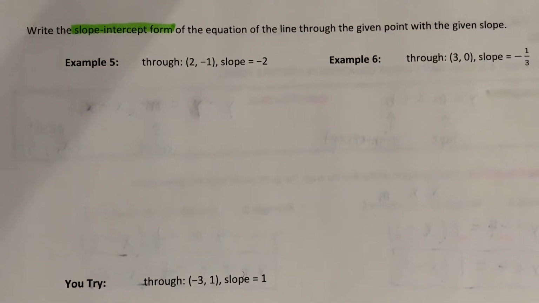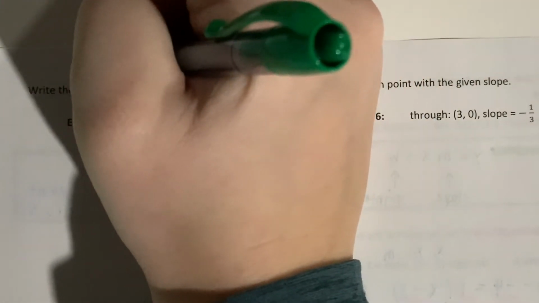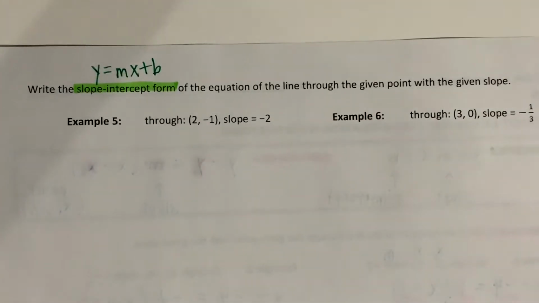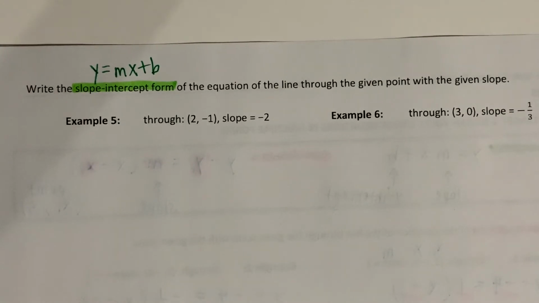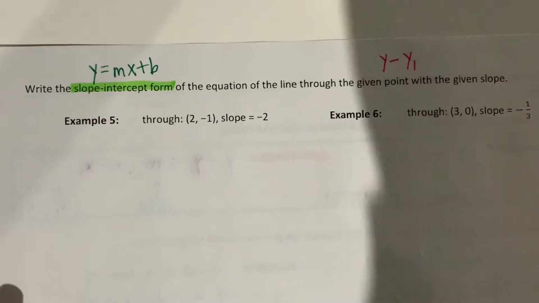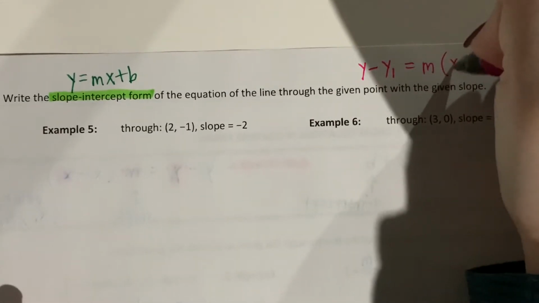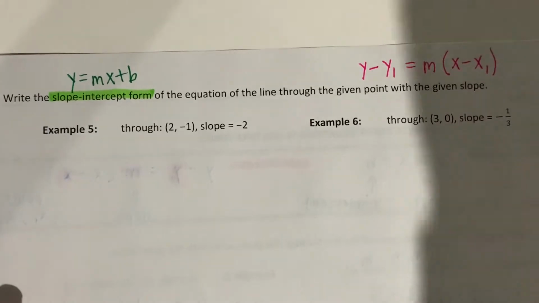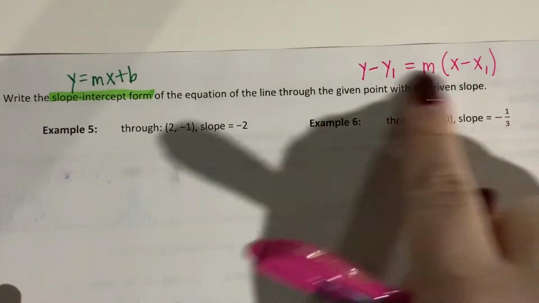So as a reminder for you here at the top of the page, we want our final answer to be in y equals mx plus b, but we worked with another form. And I'll write our point slope form at the top of the page as well. Our point slope form was y minus y sub 1 equals m times x minus x sub 1. So that was our point slope form, and we're going to continue using this today.